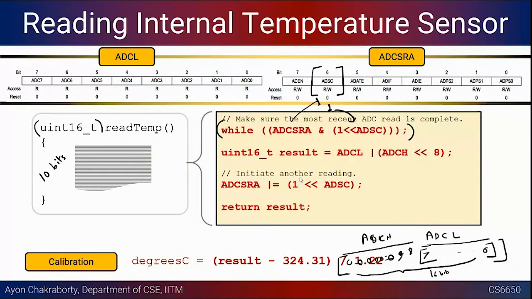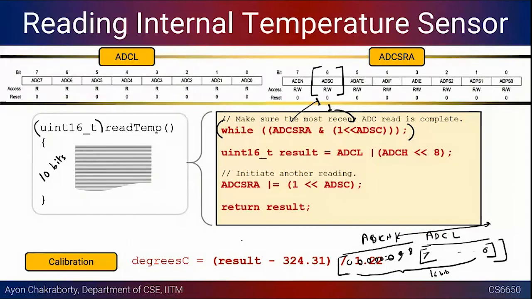Okay. So you have to calibrate the result. This is directly from the manual, because this is just a 16-bit value, and within that, these 10 bits hold the effective value. So how to convert this into degrees centigrade? There was a calibration we spoke about in the very beginning. In the manual, they give you a formula by which you can calibrate the result that maps to degrees centigrade.